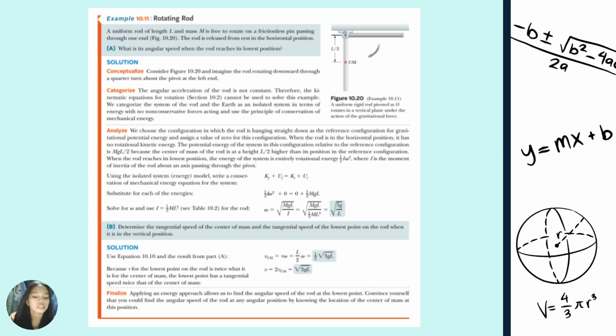Use the equation and the result from part A. Because r for the lowest point on the rod is twice that for the center of mass, the lowest point has twice the tangential speed of the center of mass. v_CM equals r omega equals L over 2 times omega, equals one half the square root of 3gL. Then v equals 2 v_CM equals the square root of 3gL.